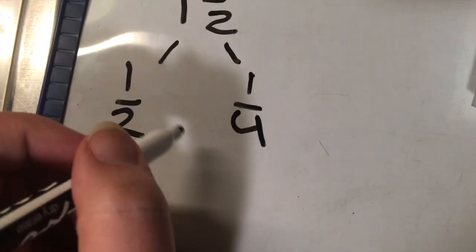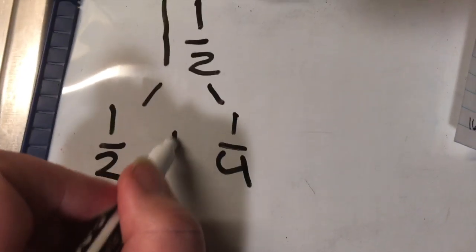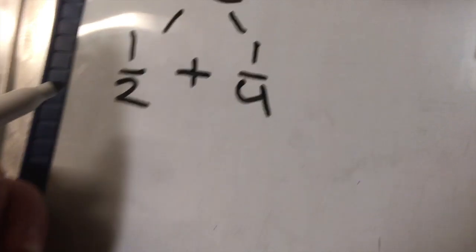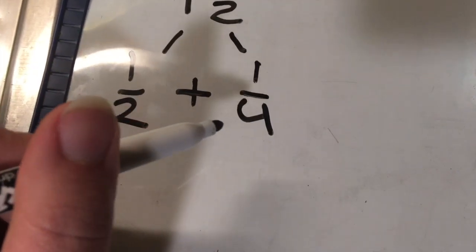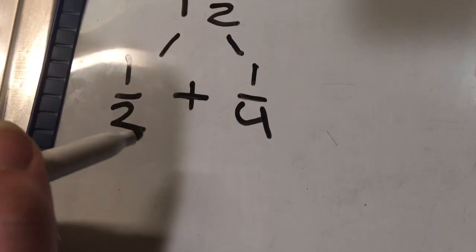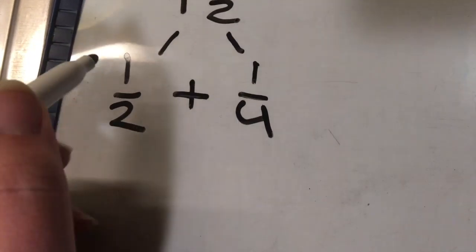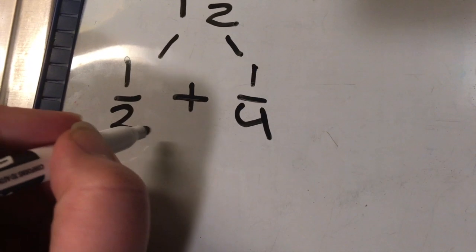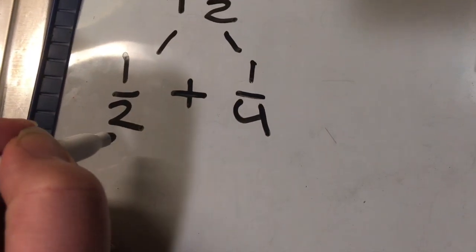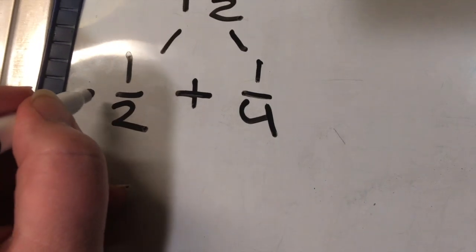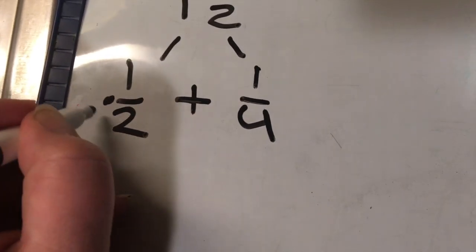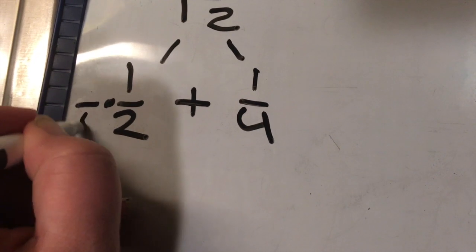But then we have to add fractions, which we can totally do. If we add fractions, we need to find an equivalent fraction to 1/2 so that it makes adding our fractions easier. The way that we do that is we find a common denominator. So what is a common denominator of 2 and 4? Let's multiply 2 times 2 so we can get it into 4s.